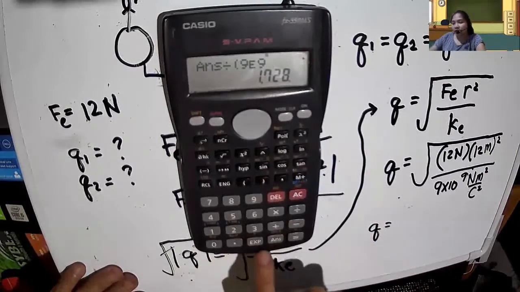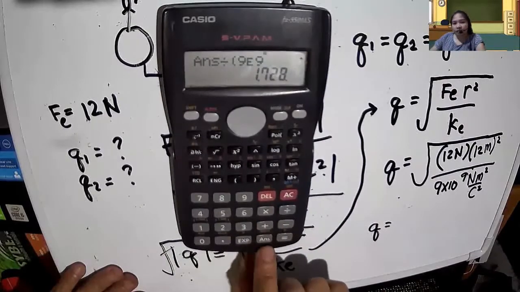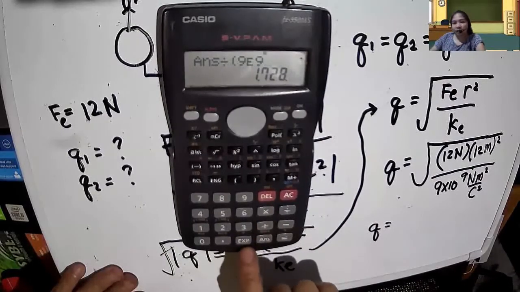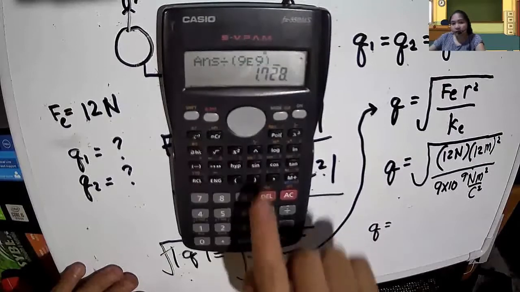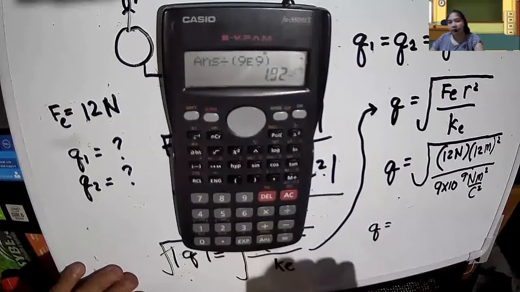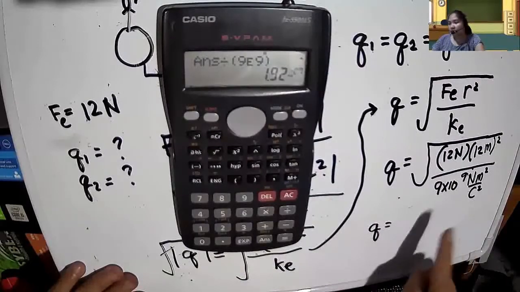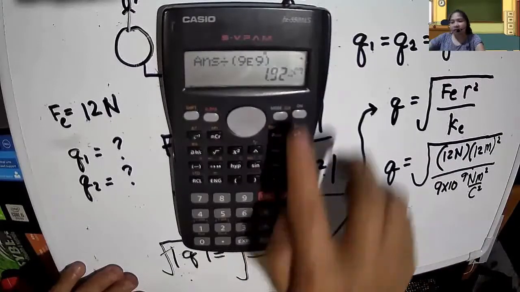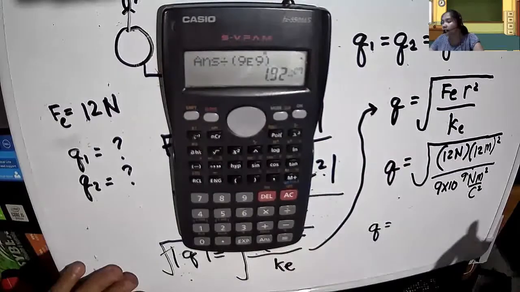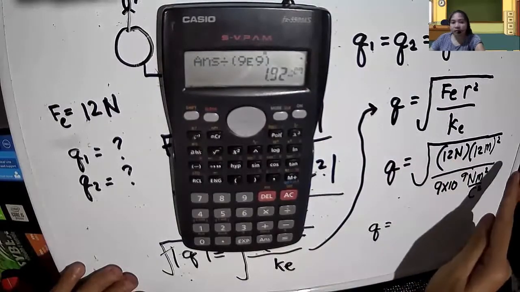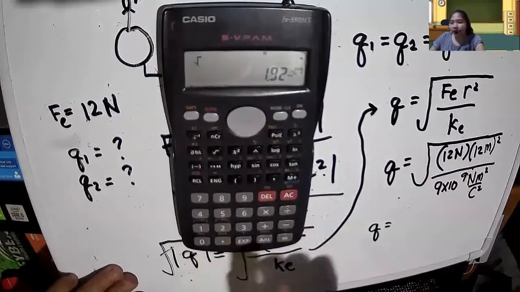In the calculator, you can just do that right away: 9 exponent 9. So that should be 1.92 times 10 to the negative 7. But we need the square root, so we need to get the square root of the answer.